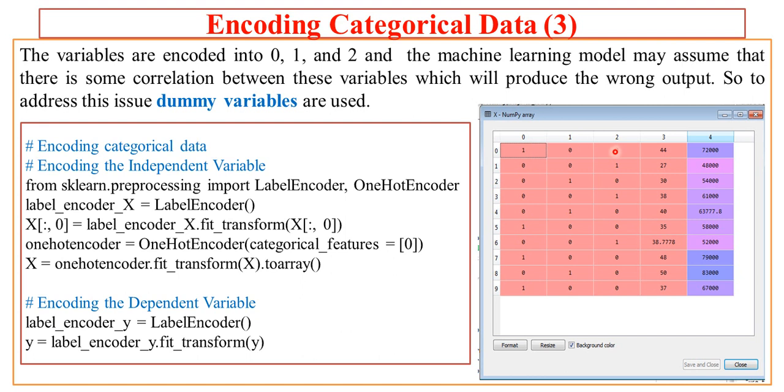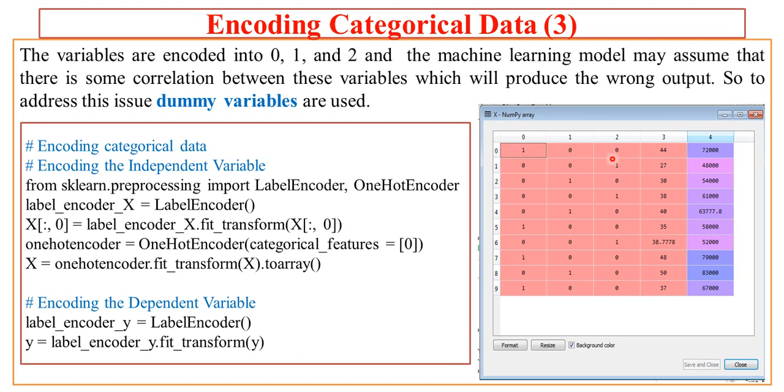Now what is this? Earlier we were having only one column for country, the next column was for age, and the last column in the independent variable vector was salary. But here now we got a total of 5 columns. Now how are these new 3 columns appearing? These new 3 columns are nothing but the dummy variables.